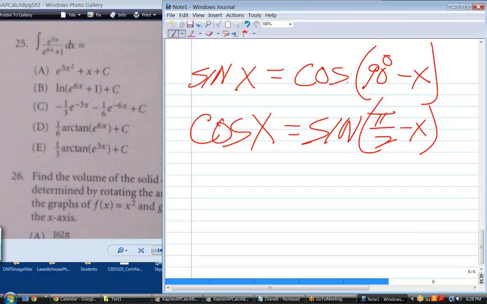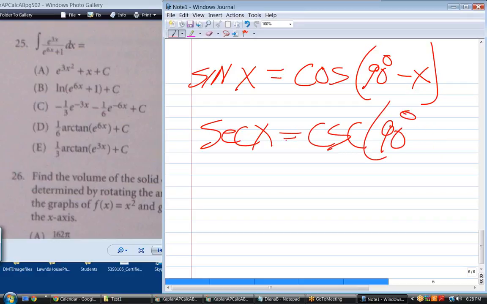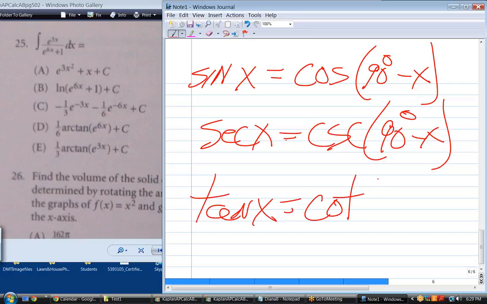And it does. So cofunctions are defined like this. This is the relationship between cofunctions. And if I put the others down there, secant of x equals cosecant, its cofunction, of 90 degrees minus x, and tangent of x equals cotangent of 90 degrees minus x. So those are the properties of the cofunctions.